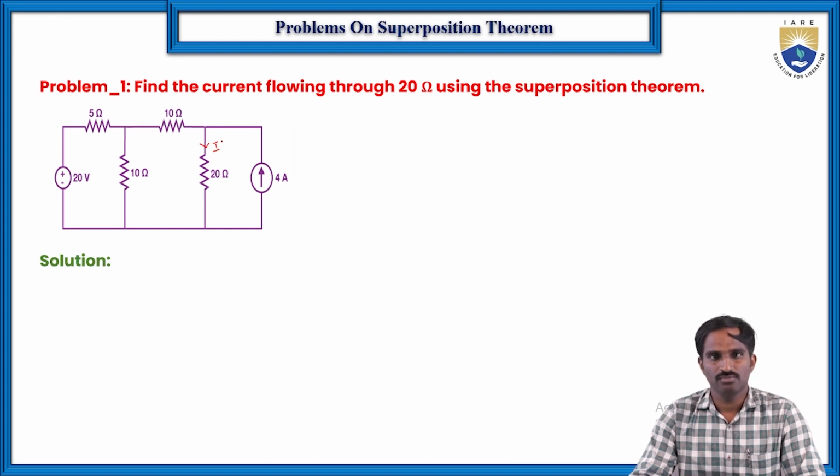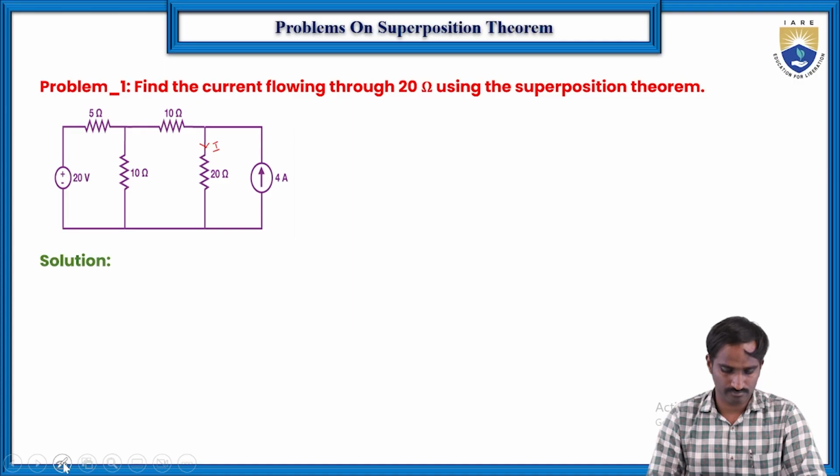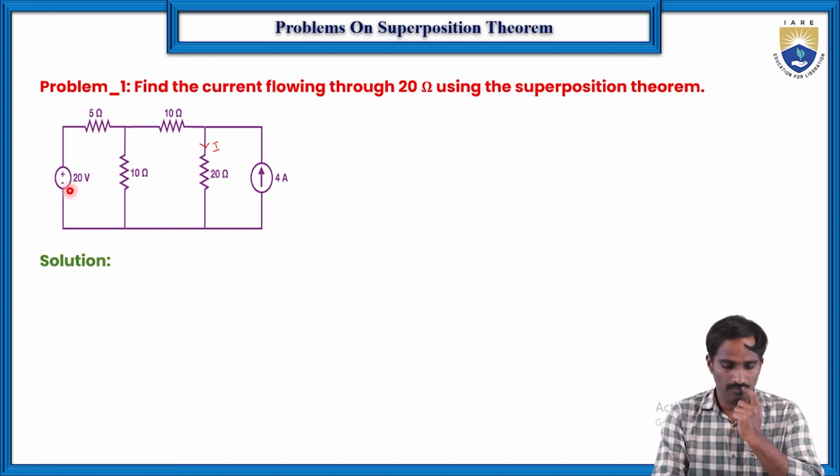As we know, according to the superposition theorem, we should consider each source at a time and the remaining sources should be replaced with their internal resistance. Here one voltage source and one current source are there.